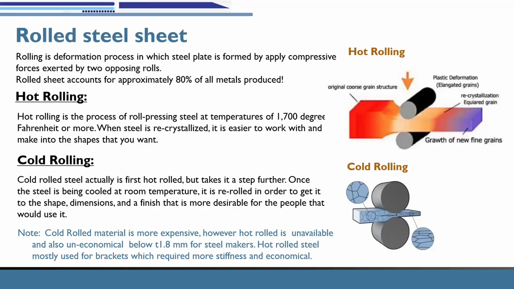Like that, we can get the thickness in cold rolled sheets. Whereas in hot rolled sheets, the variations will be very high. For example, 1.8 mm, then 2 mm thickness only we can get. Like 1.85, 1.9, we can't get. The deviations between the panel thickness will be too high for hot rolled sheets.